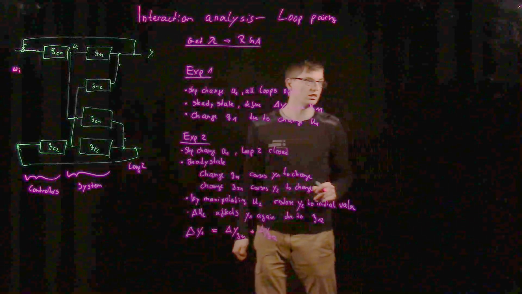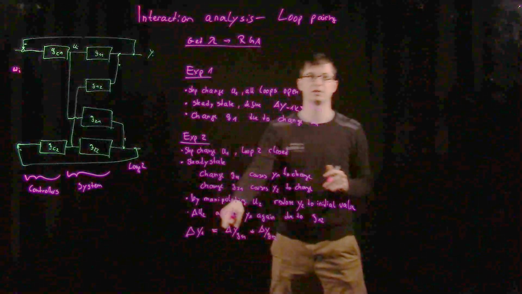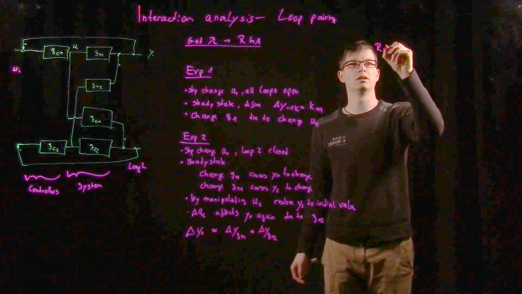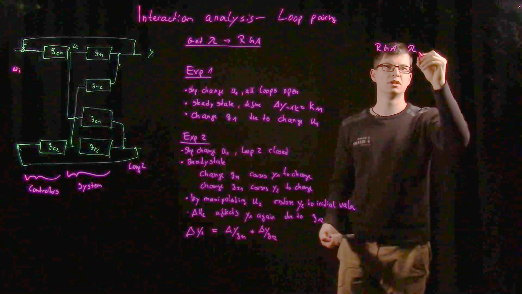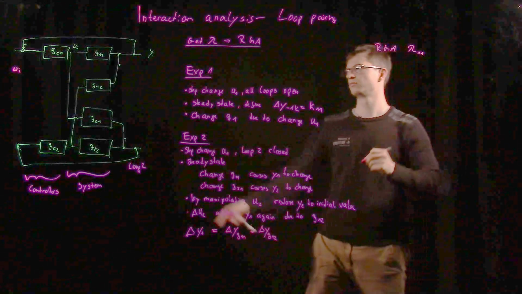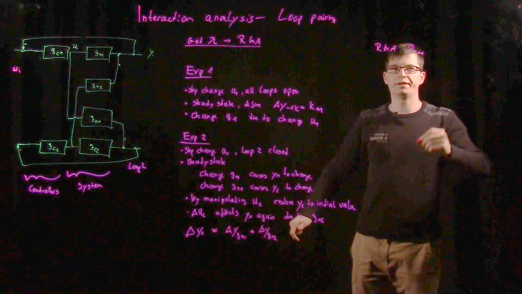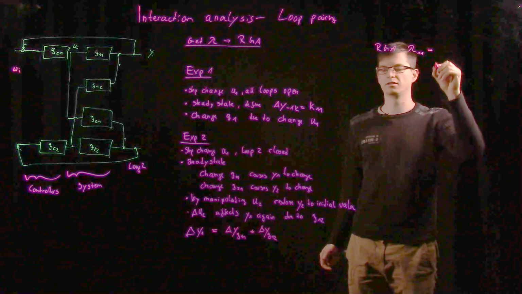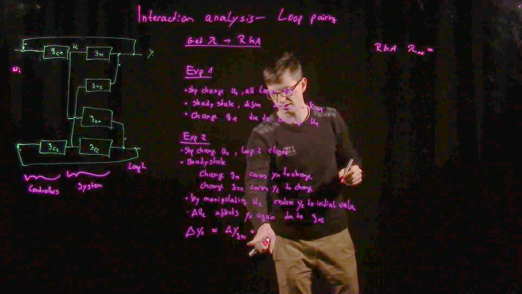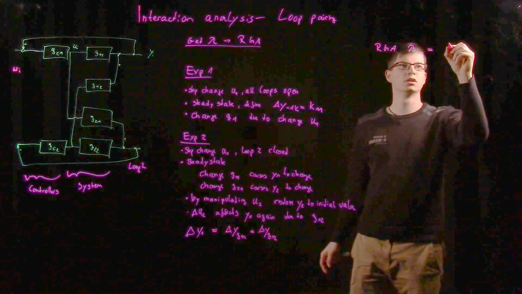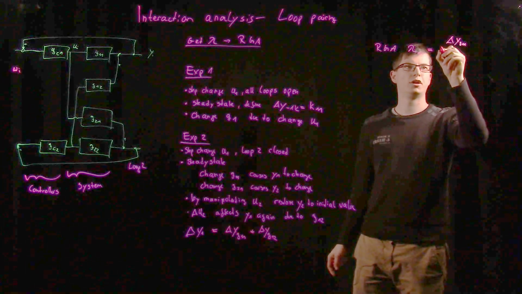And now we do the following. We can say that our relative gain array lambda, in this case lambda 1,1, because we are interested in this interaction, can be interpreted as the ratio between this direct interaction over what?